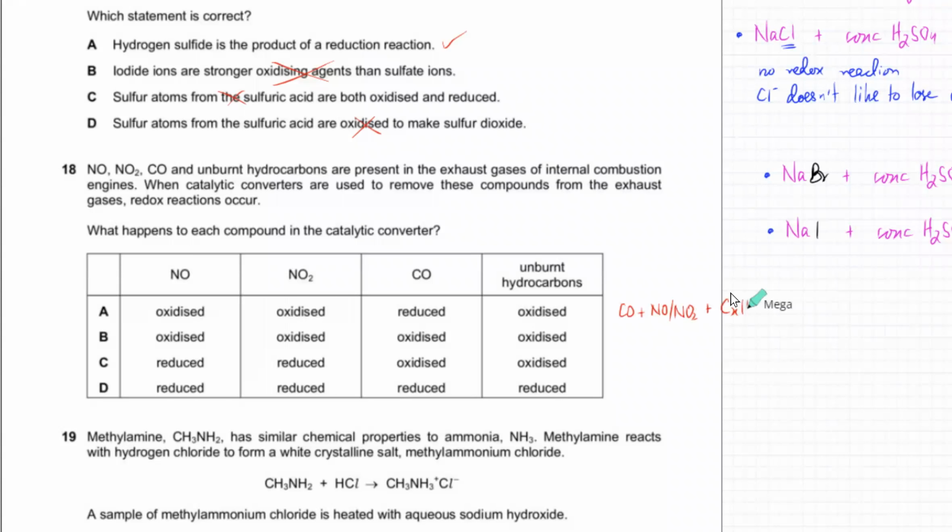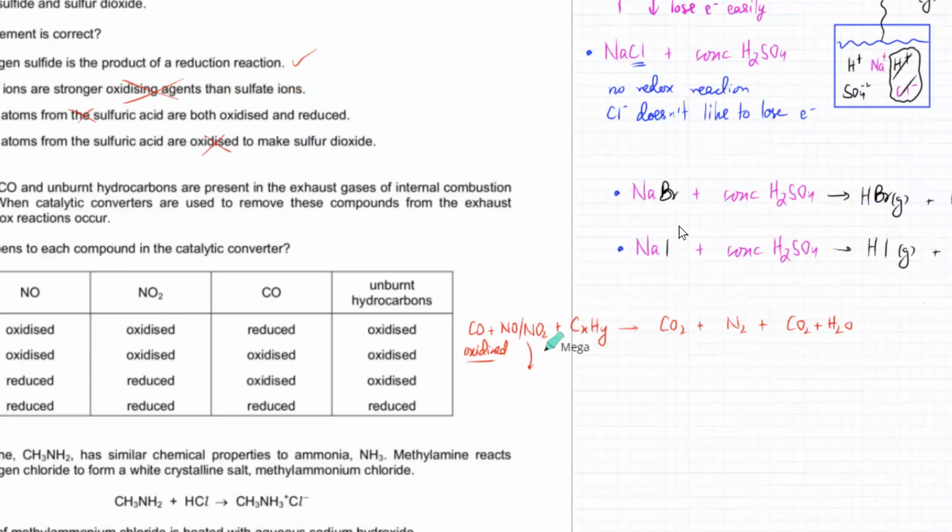When they pass through the honeycomb structure, which catalyzes this reaction, the carbon monoxide turns into carbon dioxide, the nitrogen oxides turn into N2, and the unburned hydrocarbon turns into carbon dioxide and water. So some of the substances are oxidized. The carbon monoxide is oxidized. This one is reduced. That's the whole equation.